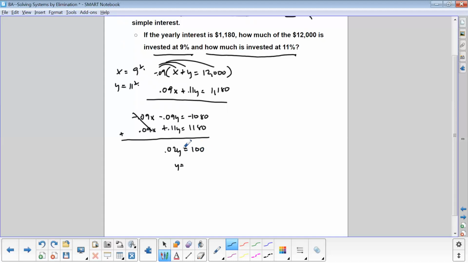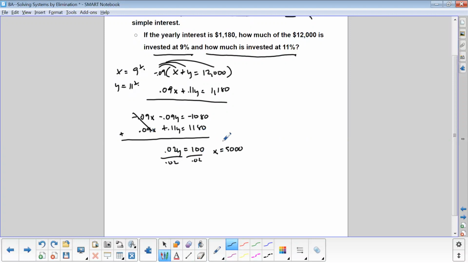So Y should be, when I take 100 and divide it by 2 hundredths, I should get 5,000.